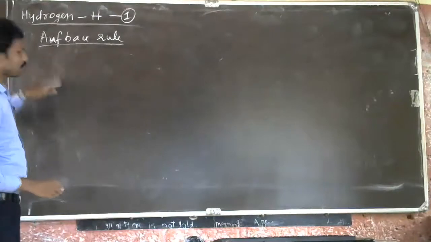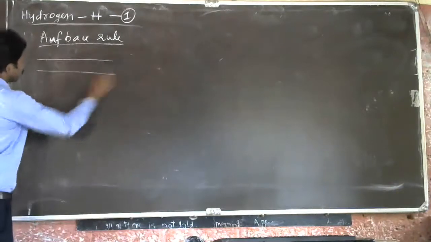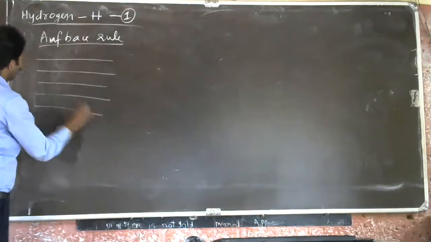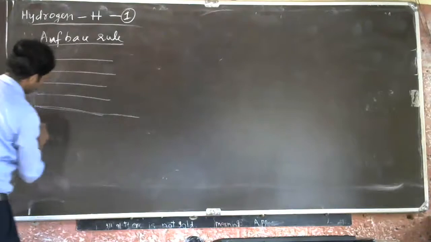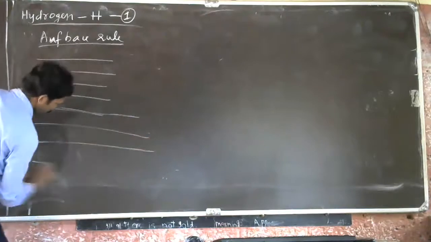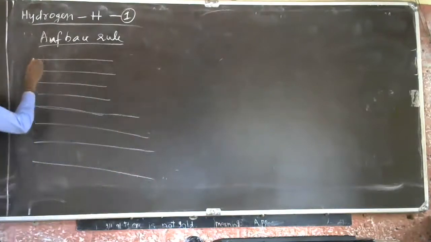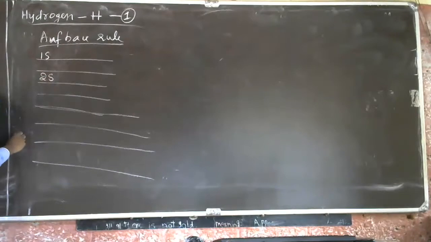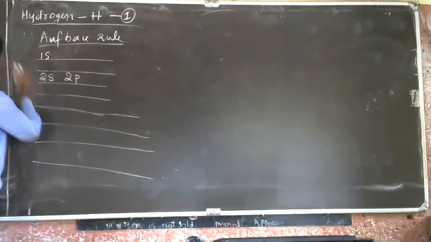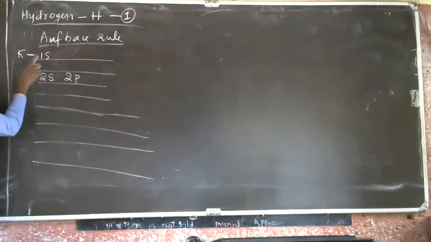Write this in your page. So 1s you write over here, leave one line, and write 2s and 2p here. So this is the K shell, this is the L shell, this is the M shell, this is the N shell.